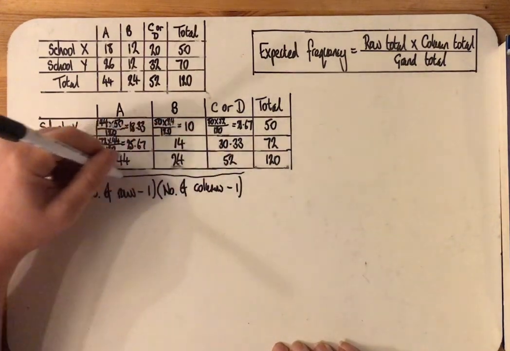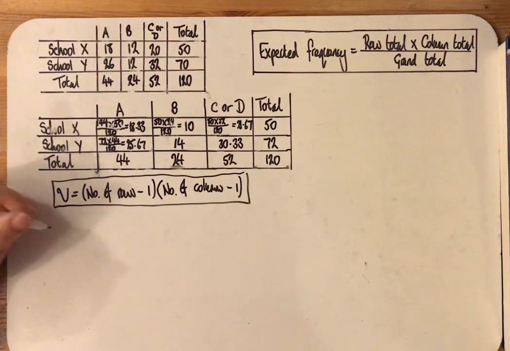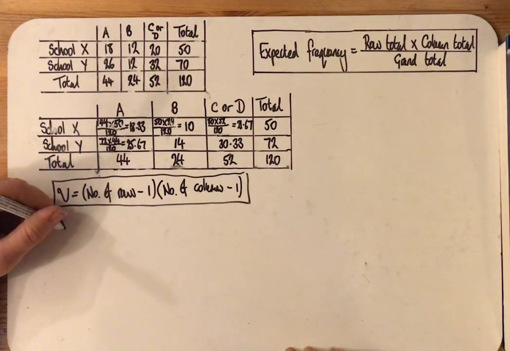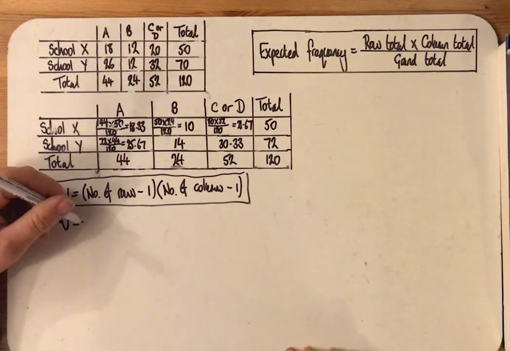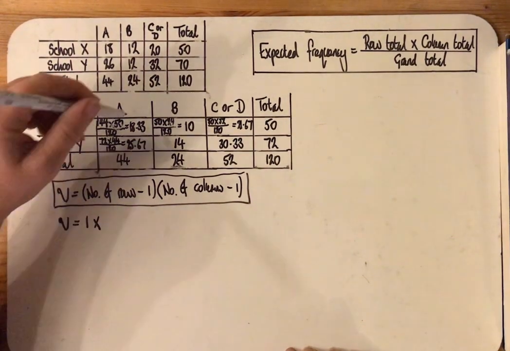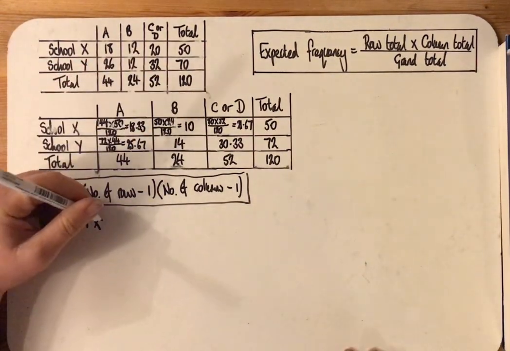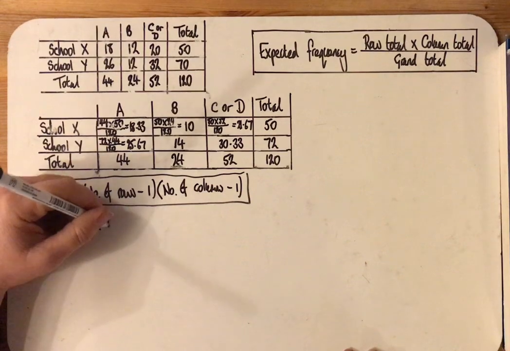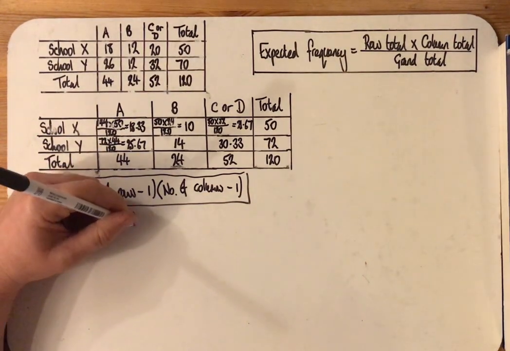So that's going to be the same for all contingency tables. For this one, the number of rows is 2 minus 1 is 1, and my number of columns after I've made that adjustment is 3 minus 1, which is 2. So my degrees of freedom is 2.